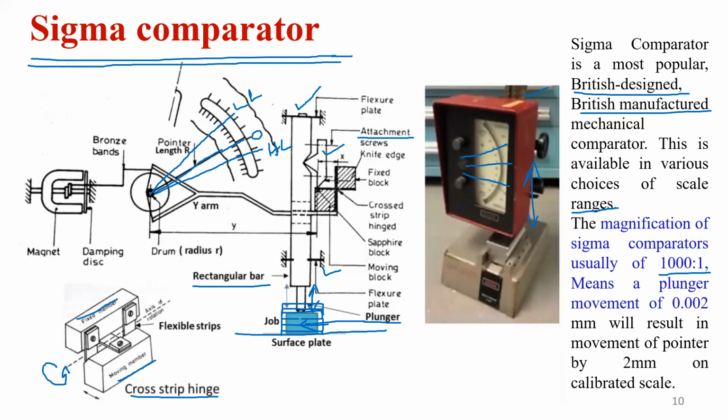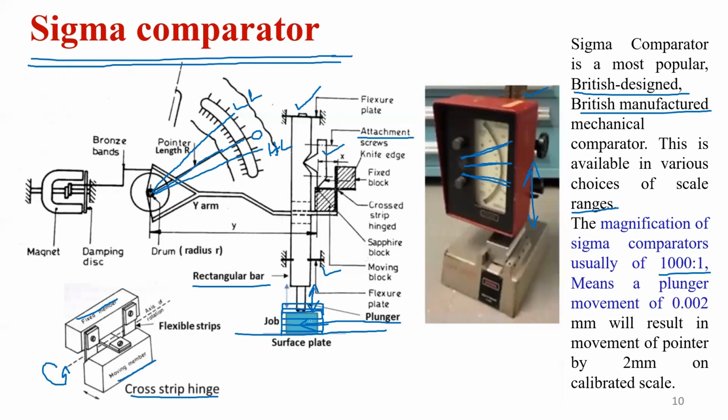By keeping the working standard underneath the plunger, by setting the comparator to 0, and then we will set the comparator to the lower limit, and then to the higher limit using the knobs, and then we will remove the working standard, and then we will place the job which is to be inspected.